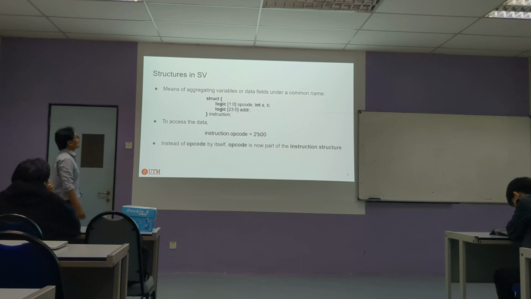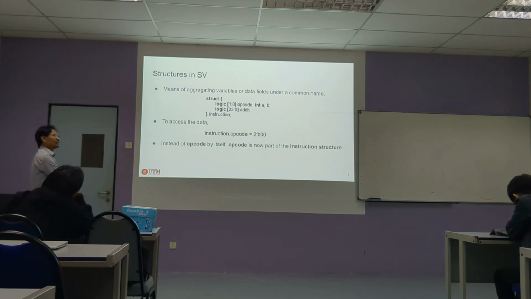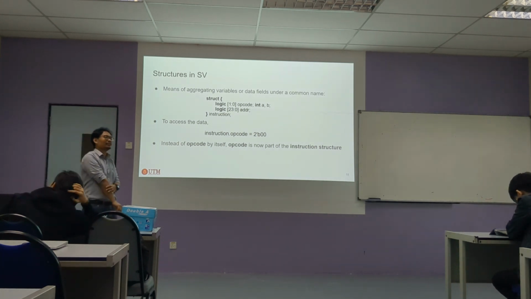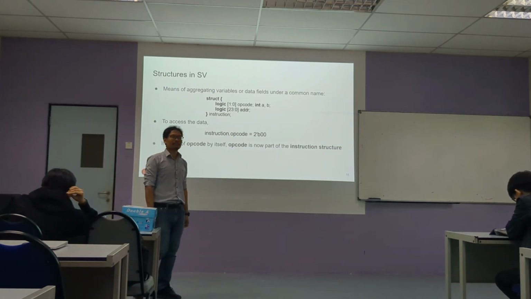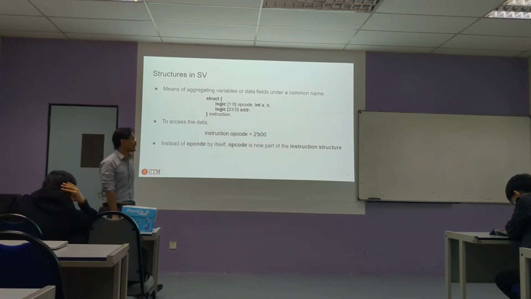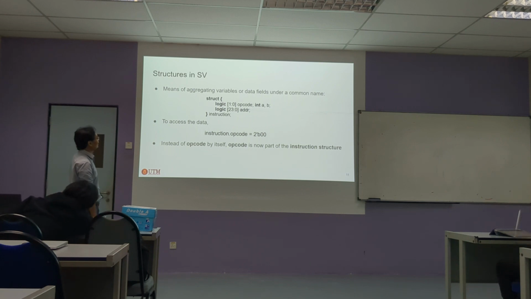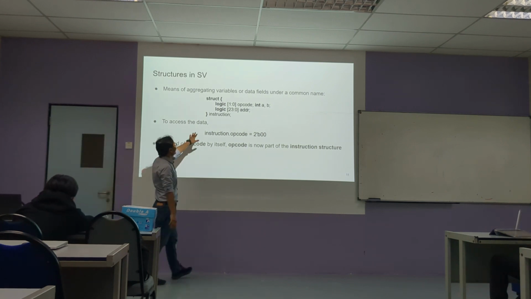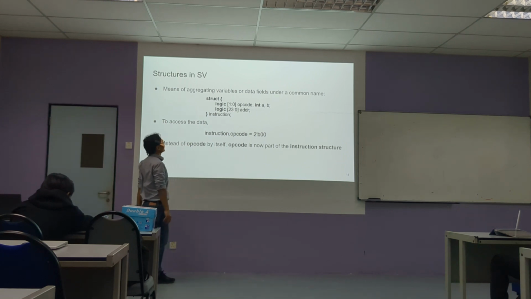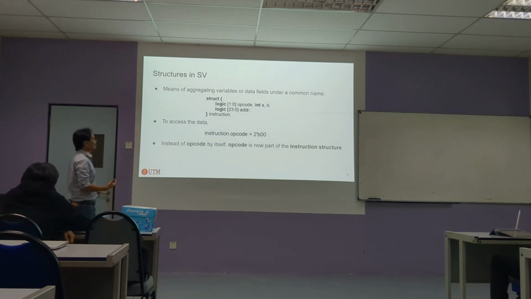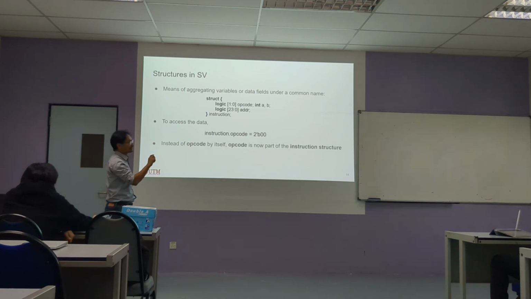Okay, let's look at the structure. A structure is more like C style. I think we also have it in C. Structure in C, right? If I'm not mistaken, in a C program you can also have a structure. So a structure is like a class and object in C, right? So for example here, you can think of it as a class instruction. You have a structure instruction, and inside the instruction you have your variables for this particular structure.